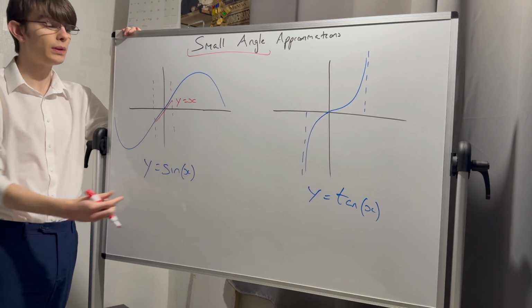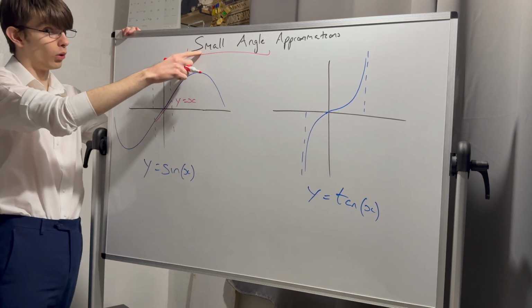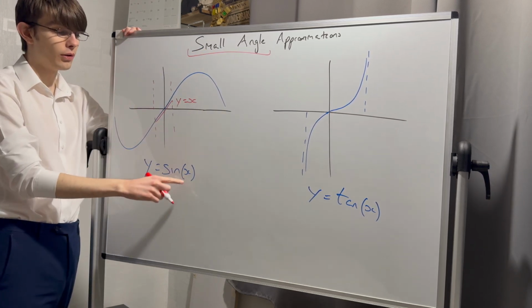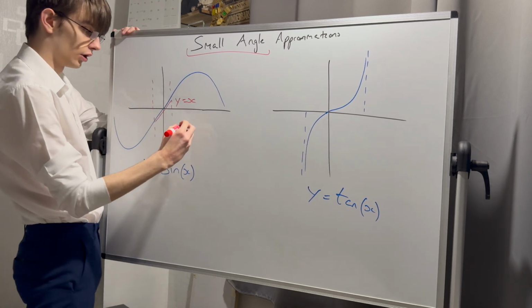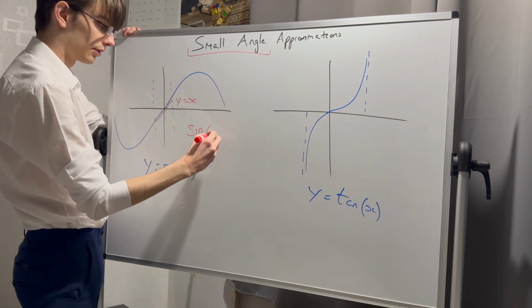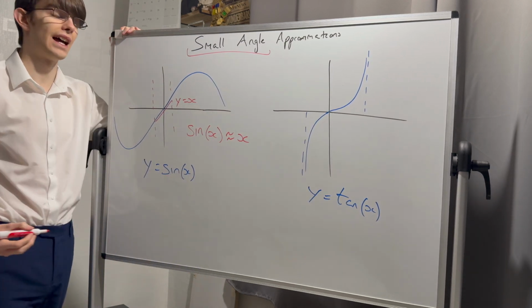So, as we get closer and closer to the origin, as our angles become small, our sine x graph looks almost like an x graph. So we can say at small angles, sine x can be approximated as x.